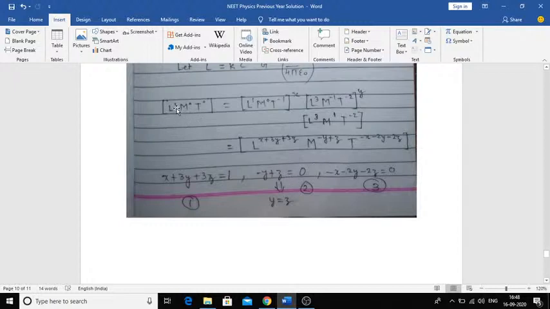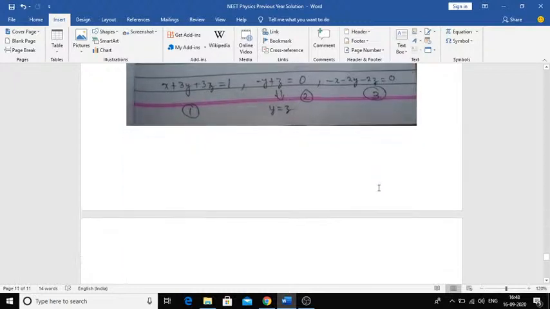So this is 1, which can be compared to the power of L, both are L. M and M can be compared, T and T can be compared. So you'll get three equations: x plus 3y plus 3z equals 1, and minus y plus z equals 0, and minus x minus 2y minus 2z equals 0.